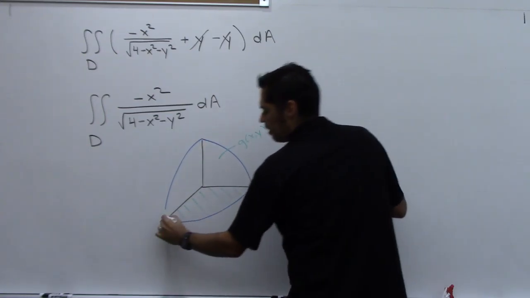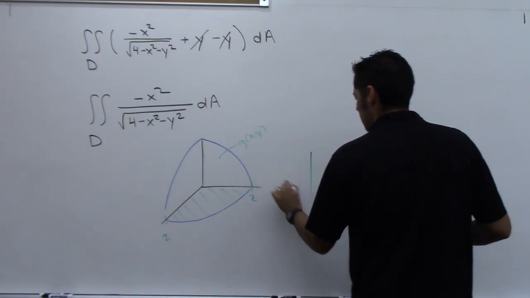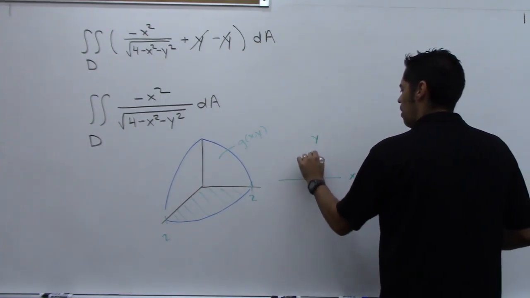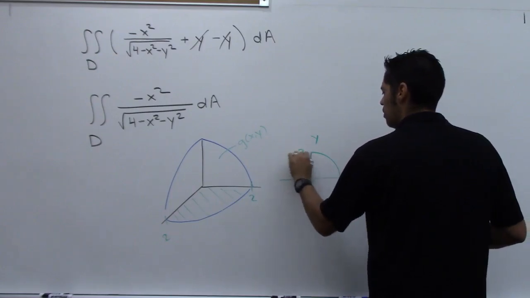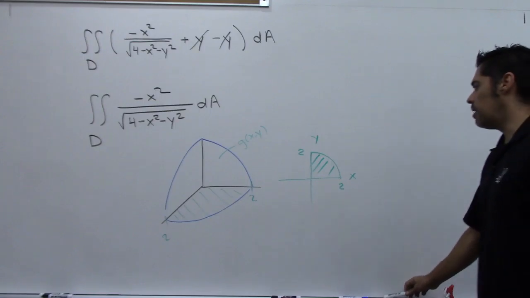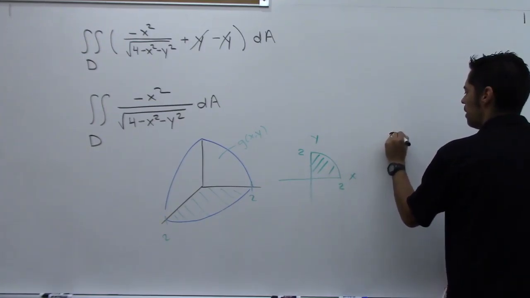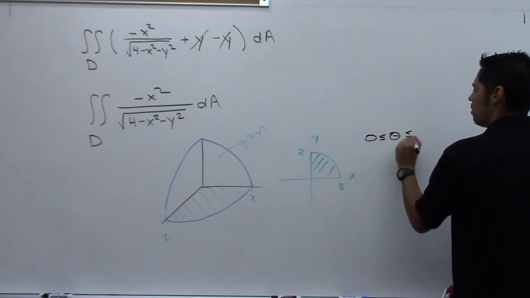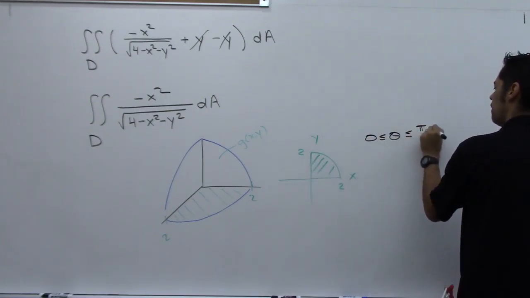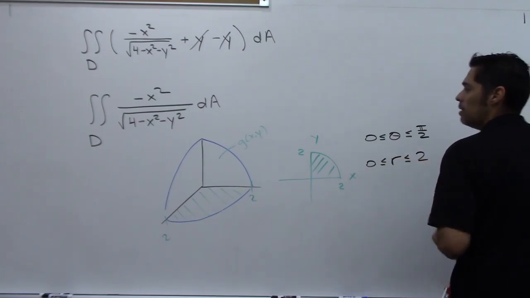And if you notice this down here, that's a great polar region. So what I'm going to do is convert this double integral over to polar, and I'm going to put theta between 0 and pi over 2, and R restricted between 0 and 2.